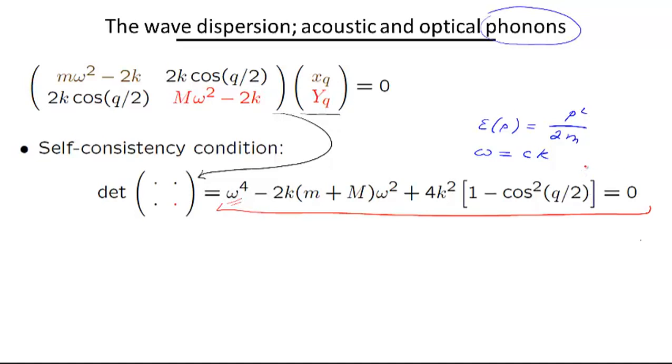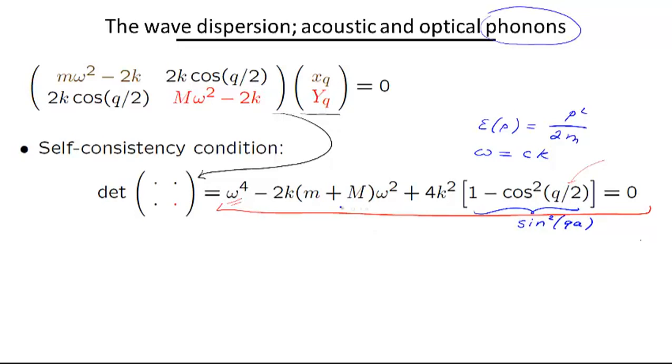So if we want to restore the right physical dimension, I should multiply this q here by 2a. And also, of course, 1 minus cosine squared is equal to sine squared. So I can just rewrite it in the usual physical units. I can write this term as sine squared of q times a.